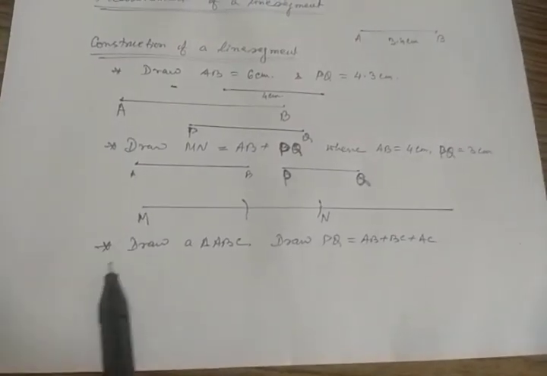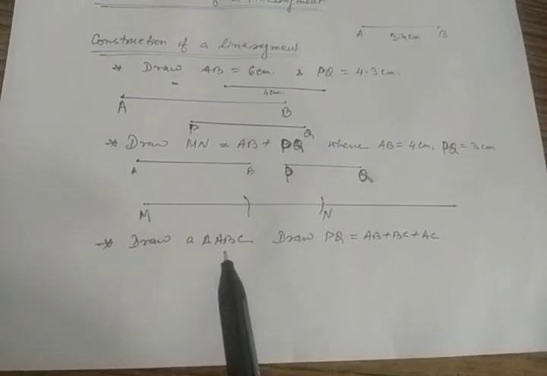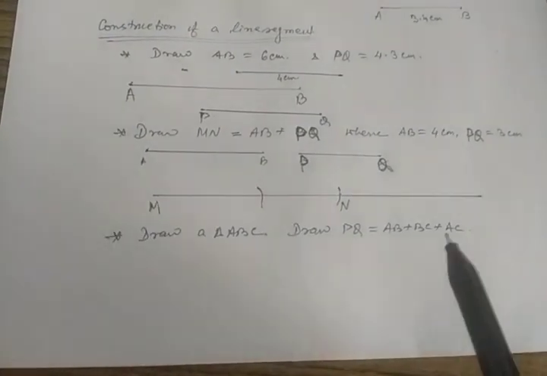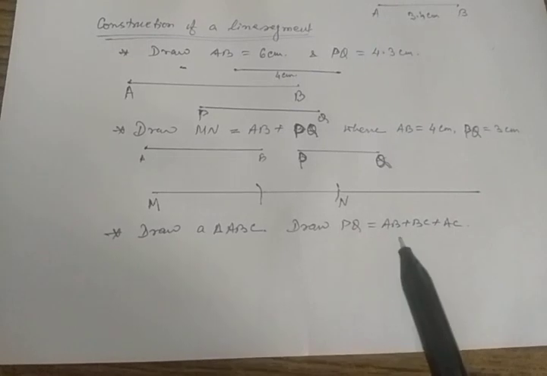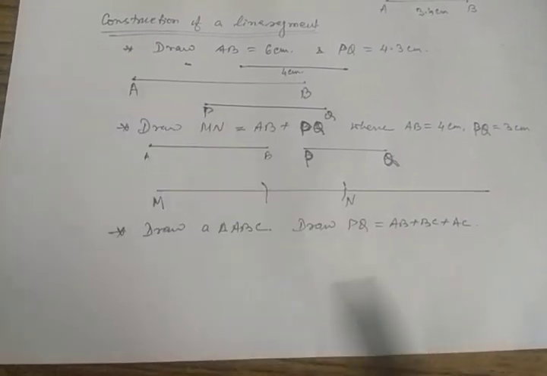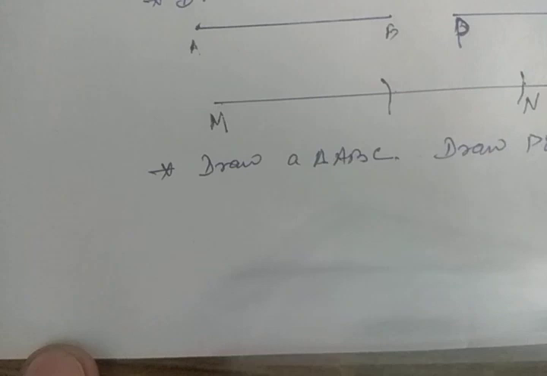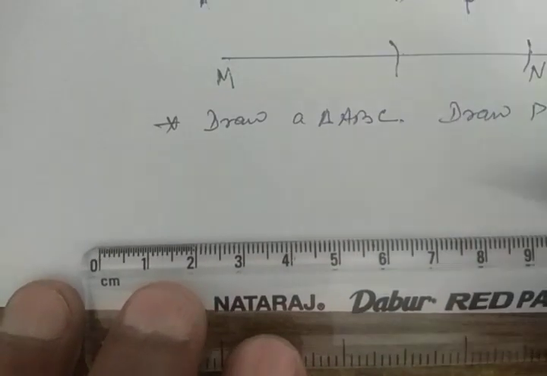Now next, draw a triangle ABC. You have to draw a triangle ABC and you have to draw PQ, which is equal to AB plus BC plus AC. So in the same manner we can draw like this. Just see, I am going to draw a triangle ABC for you, using a scale, of any length you can draw, no problem.